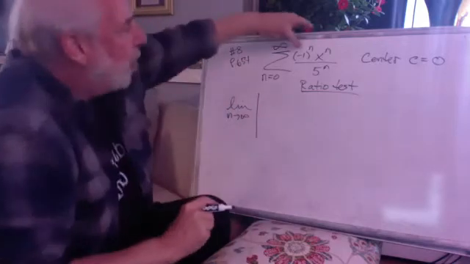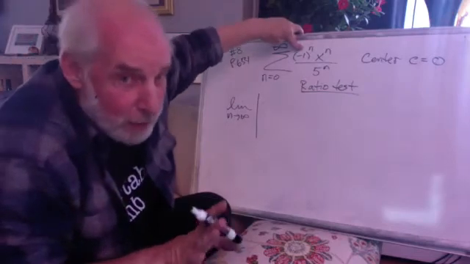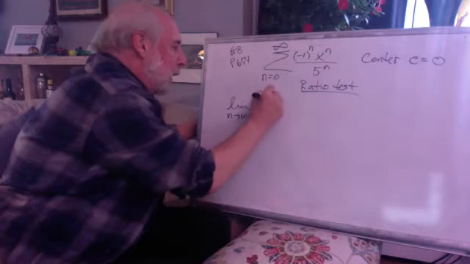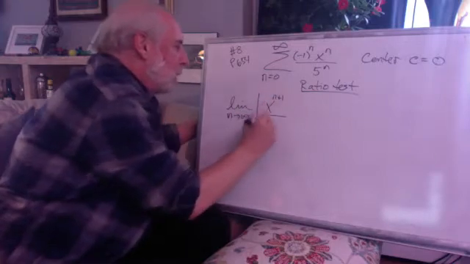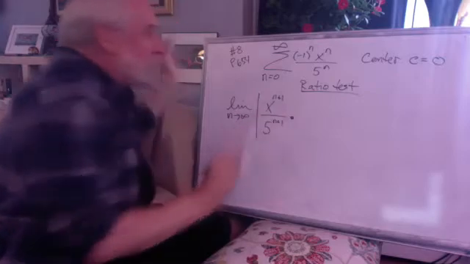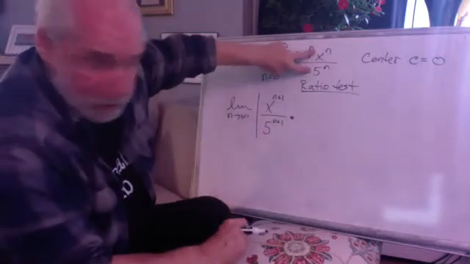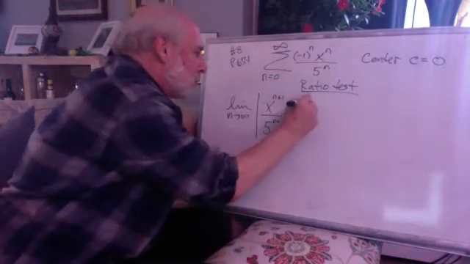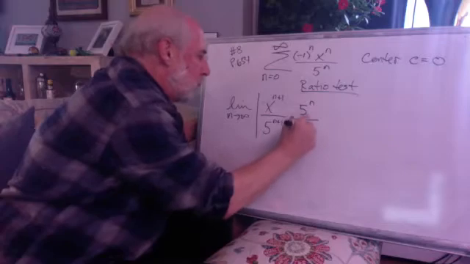Now, absolute value sign, so I'm going to ignore this for now. And that will give us x to the n plus 1 over 5 to the n plus 1 divided by this. But when we divide by this, we flip it and multiply. Like that.